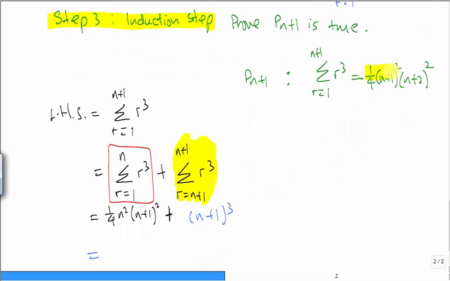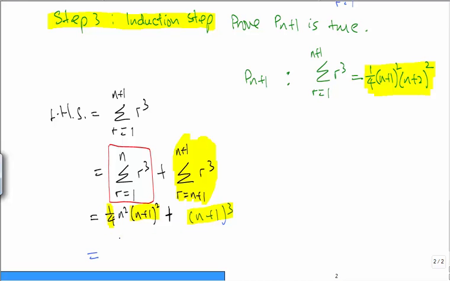Now this is the expression that I'm supposed to prove. I'm comparing my expression obtained here with this expression. They have a 1/4 n plus 1 squared, which I can easily take out from here.